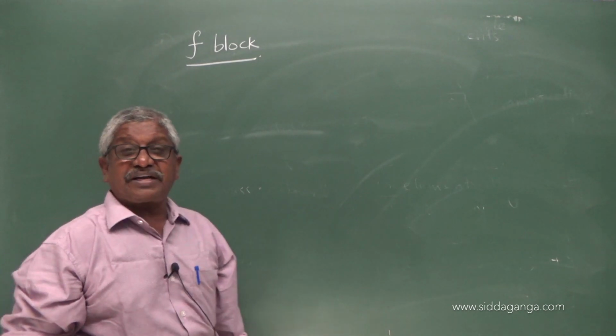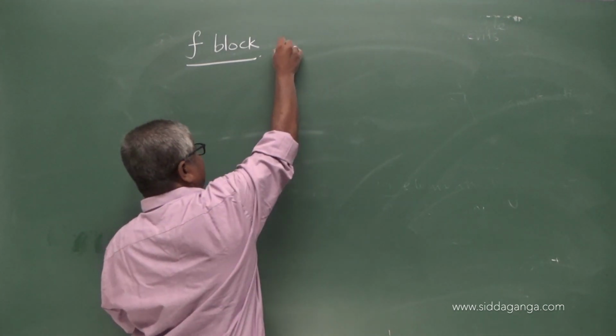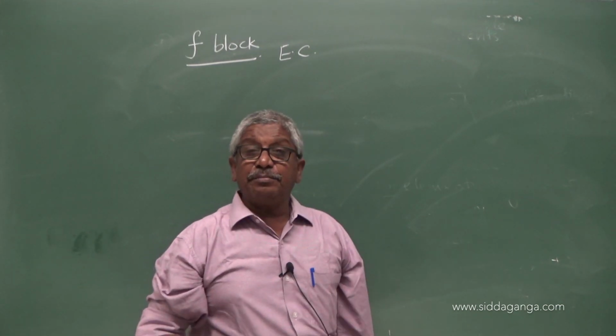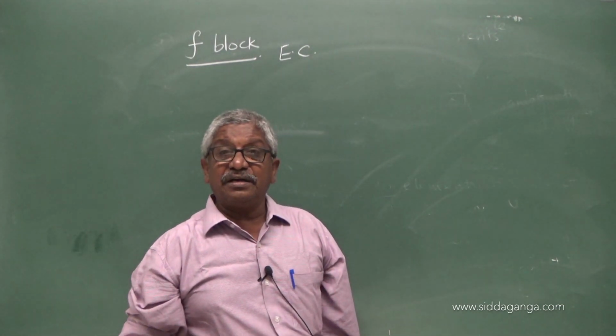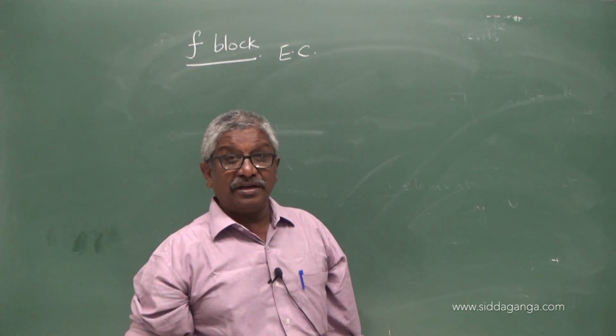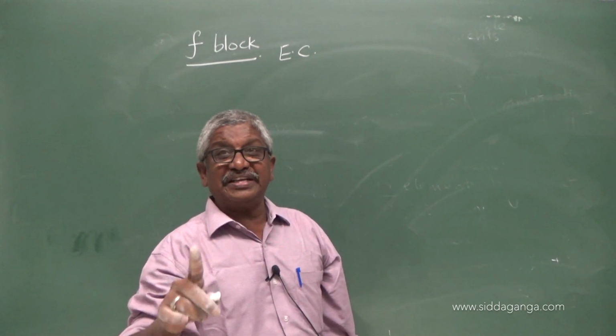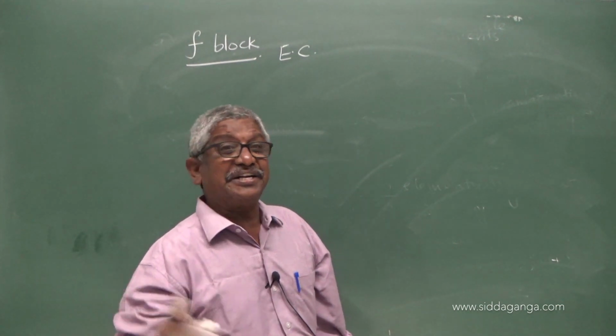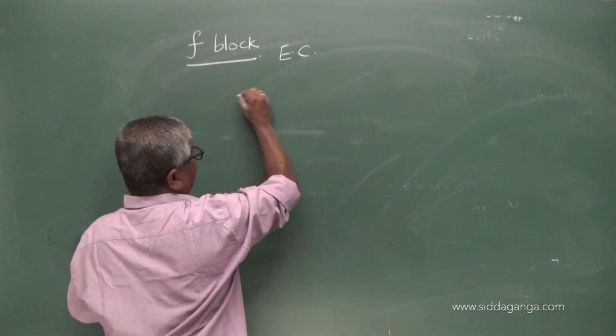For the F block elements, the electronic configuration: in d block the d orbital is filled in the penultimate energy level, while F block is filled in the anti-penultimate energy level.